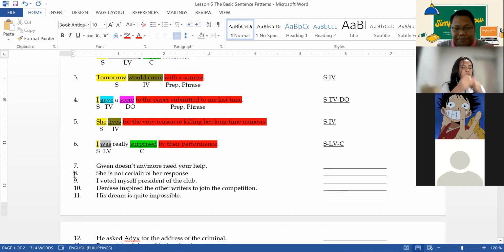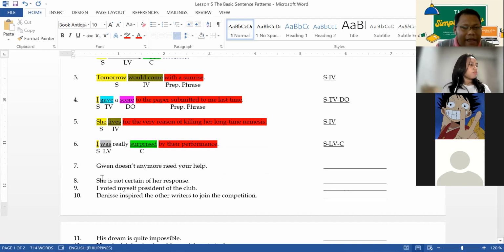Number 7. Gwen doesn't anymore need your help. We underline the name of Gwen because that is our subject. We color that with yellow. Does. I will not include the contracted form of not because we are after only the verb.